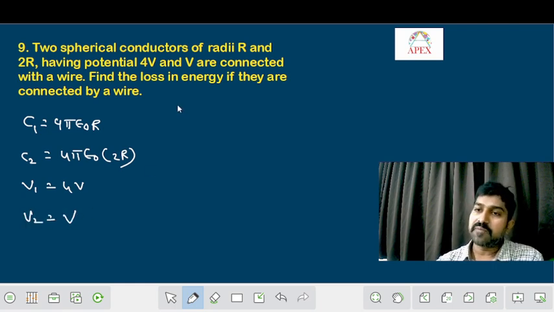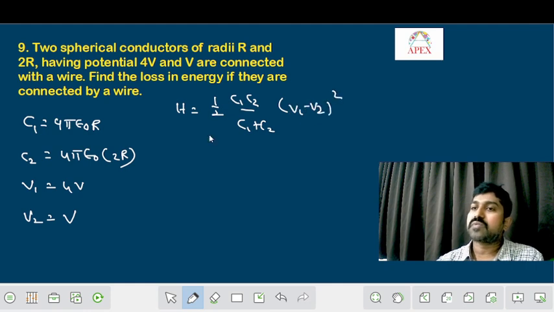Then what is the formula for loss of energy? Again the same formula. Half C1 C2 by C1 plus C2 into V1 minus V2 whole square. That is equal to half into C1 C2 by C1 plus C2. Let me consider this is C and this will be how much? 2C, na? The second one is 2 times of the first one.